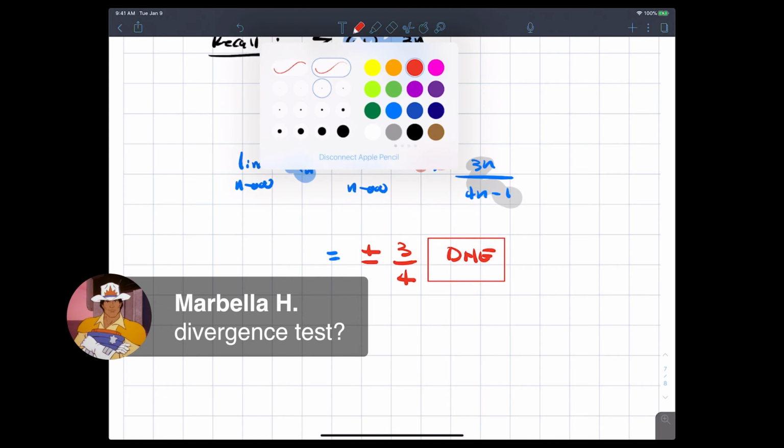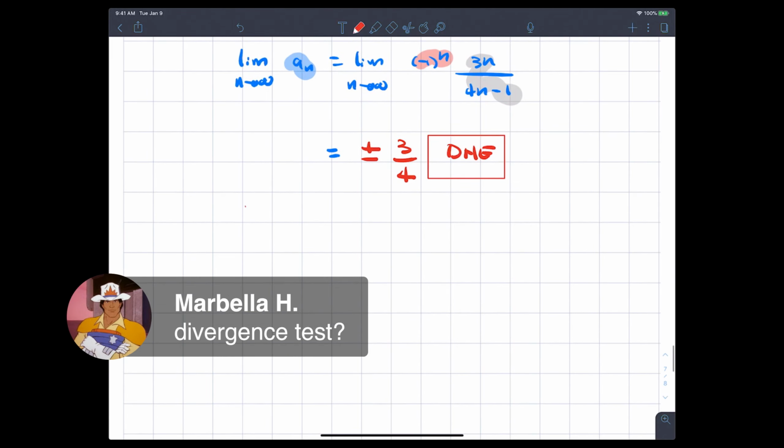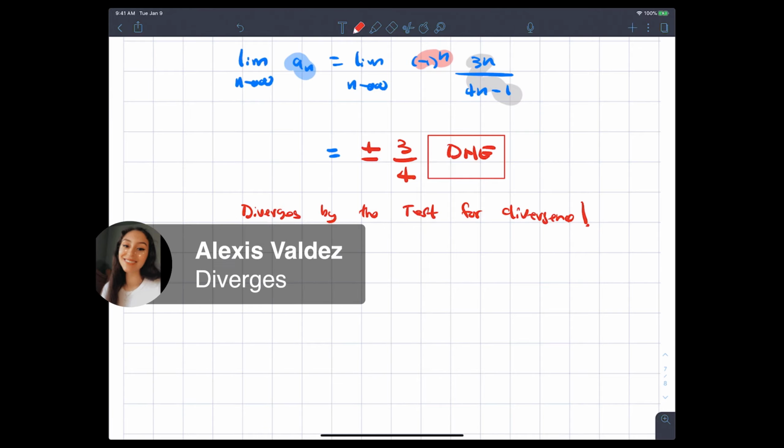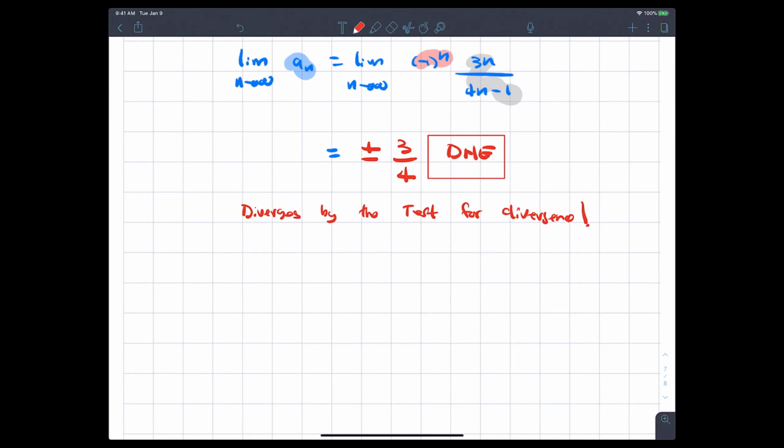So here's what you guys want to write down. It diverges by the test for divergence. Absolutely. Right? But let me remind you guys. Yeah, it diverges. But you want to put this portion right here.